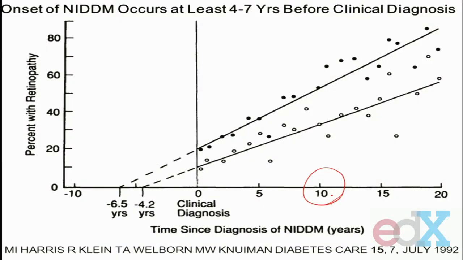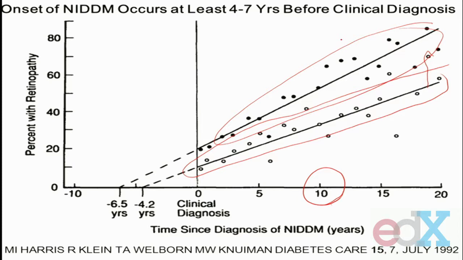And so these dots here, I believe, are the US numbers, and these are the Australian numbers. But what you notice is that here we get the clinical diagnosis. So here's the clinical diagnosis, that's the origin, that's the 0.